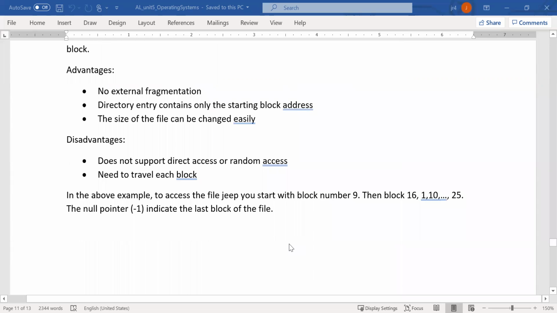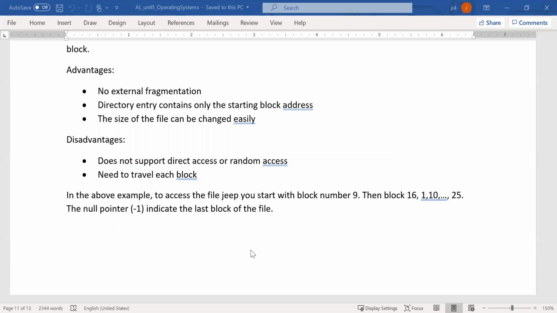The advantage is no fragmentation, and what we need to keep track of here is only the starting block address, right? So file size can be changed easily, but there are problems. Direct access is not possible, or random access is not possible, right?